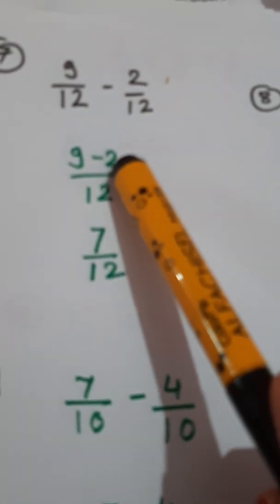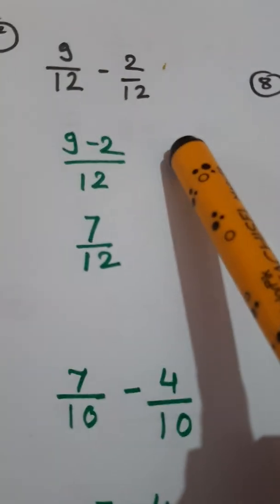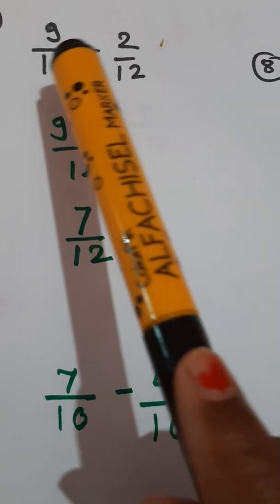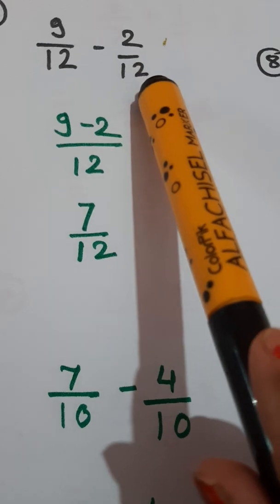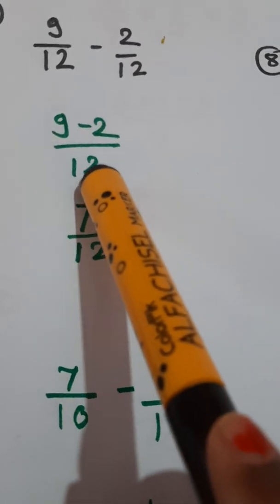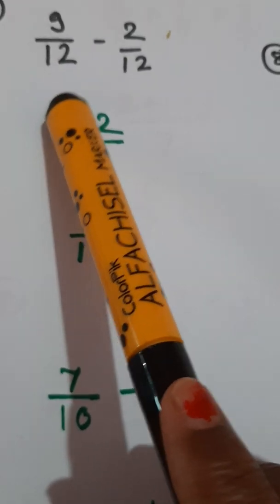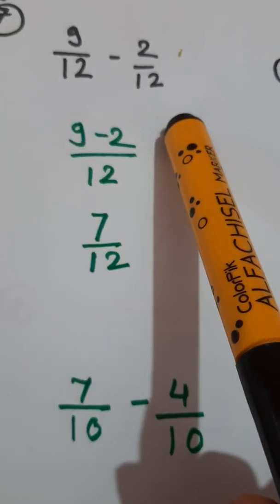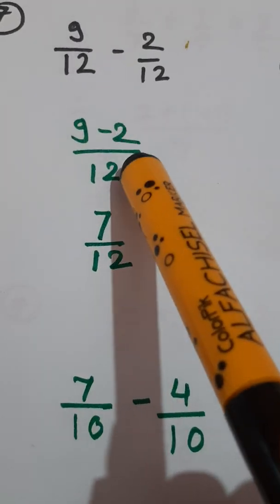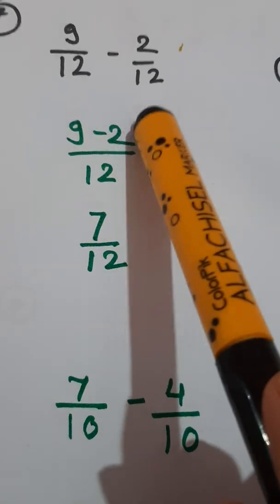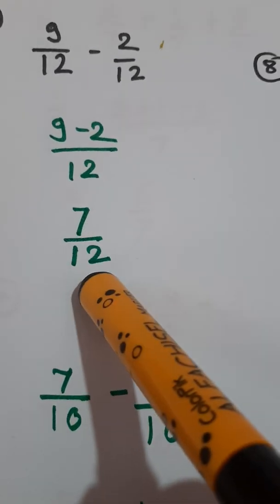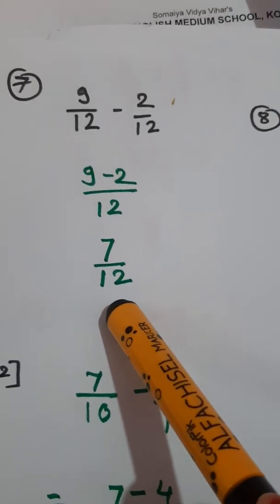9 upon 12 minus 2 upon 12. As their denominators are equal, give the common denominator and do the subtraction of the numerators. So 9 minus 2 upon 12. 9 minus 2, 7. 7 upon 12. Got it?